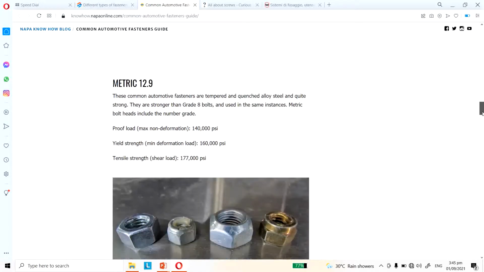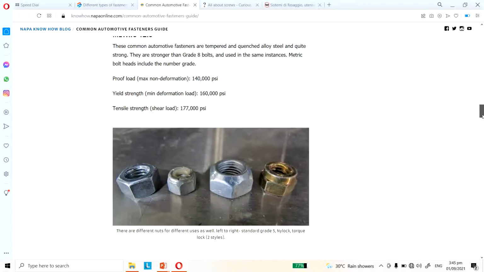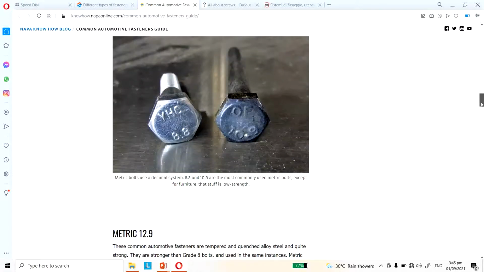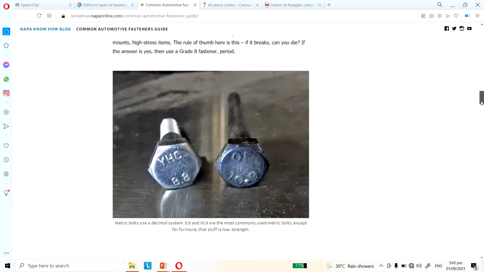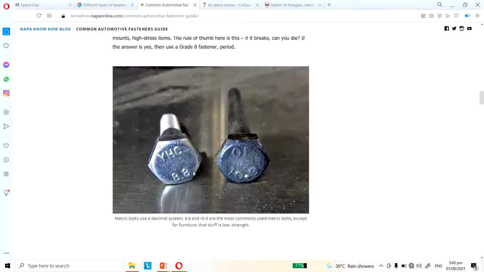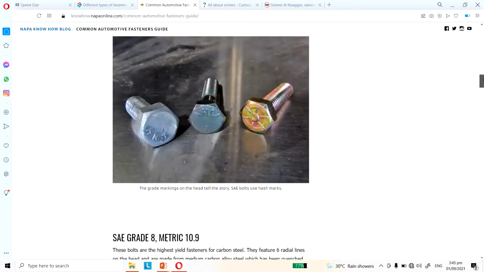That's the typical applications for the bolts. And by the way, what 8.8 means is approximately 800 megapascals for the ultimate tensile strength, and 80% of that is the yield strength. For SAE grade markings, I think these are the markings at the head.